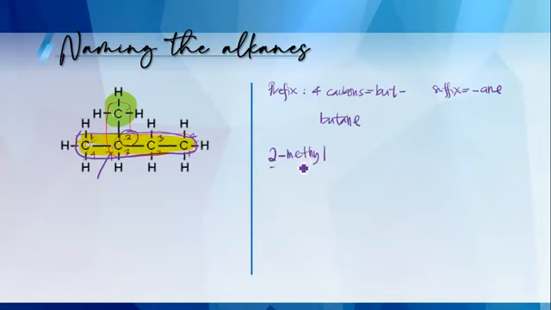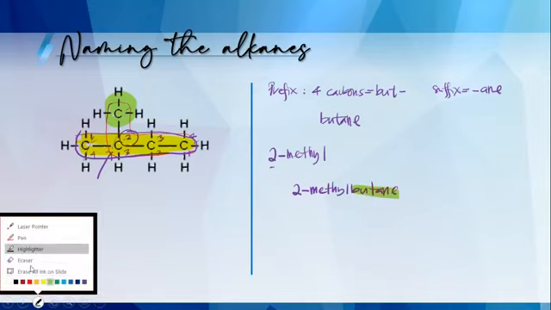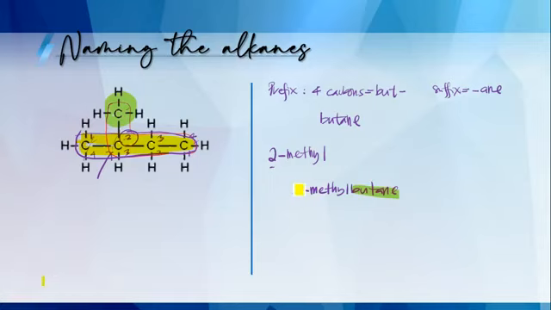The name of the alkane consists of the backbone and also the substituent group. Basically, the name becomes 2-methylbutane. It consists of this part coming from the backbone, and the first part coming from the substituent group.